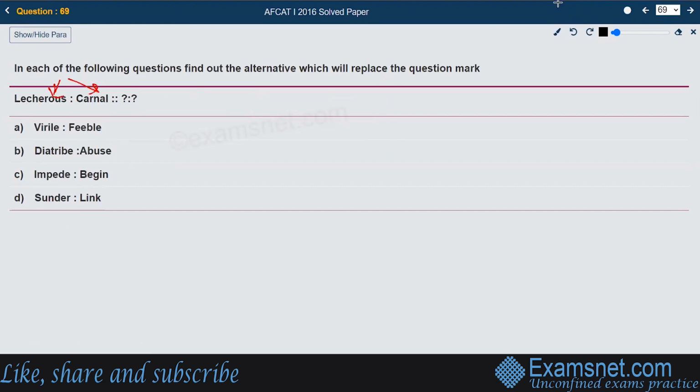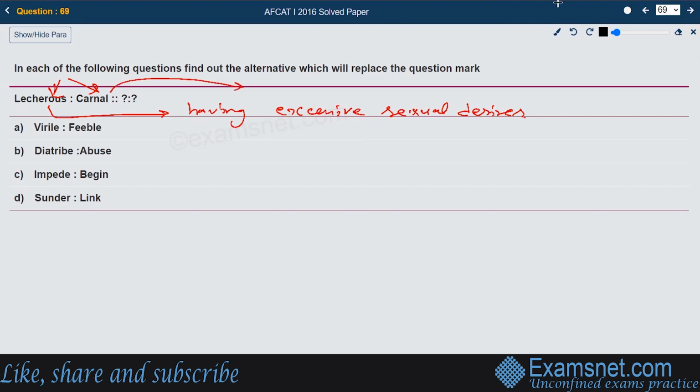Next, lecherous and carnal. These are the two words. So what is the meaning of lecherous first? The meaning of lecherous is showing or having excessive sexual desires. If somebody is showing excessive sexual desires, that person is referred to as lecherous. Now the next word is carnal.